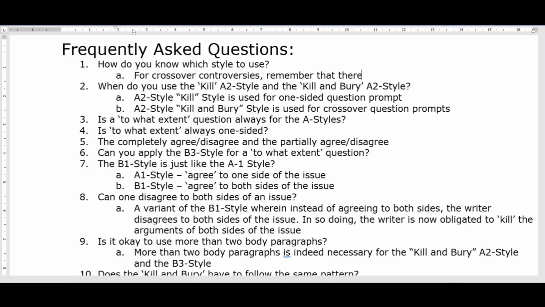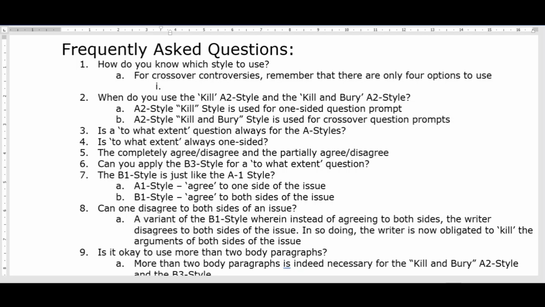Remember that there are only 4 options to use, and these 4 options, of course, are the kill and birdie, or what we call the A2 style, A2 style kill and bury there.